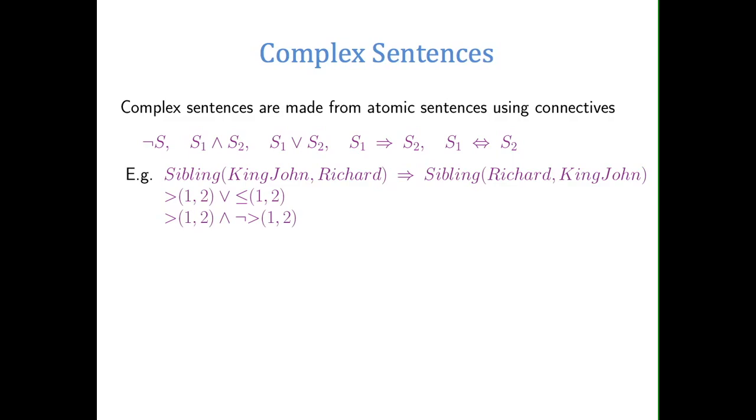Similarly, 1 is greater than 2 or 1 is less than or equal to 2 is a complex sentence, which actually happens to be true. Another complex sentence might be that 1 is greater than 2 and not greater than 2, 1, and that gives us false and true, which we know to be false.